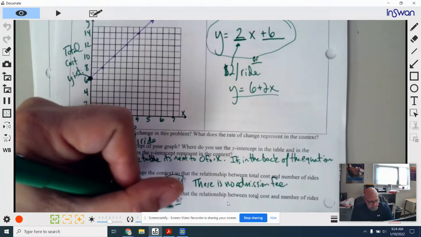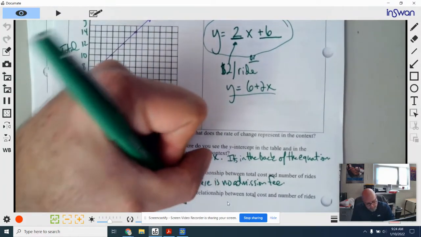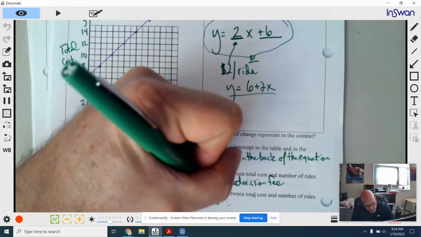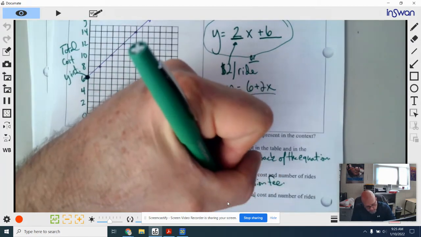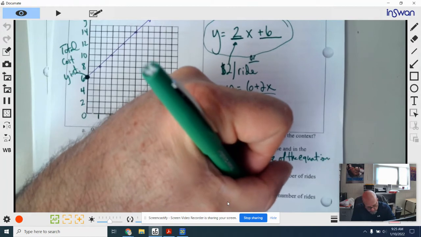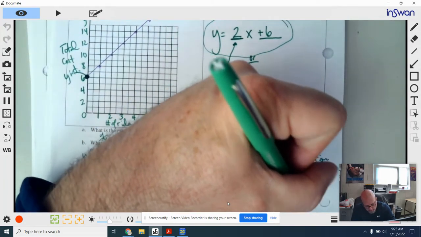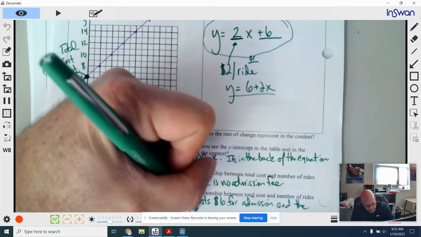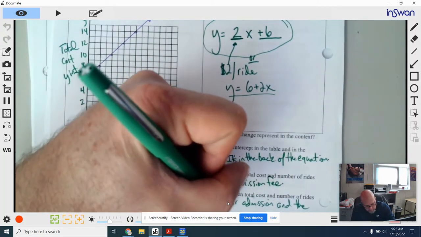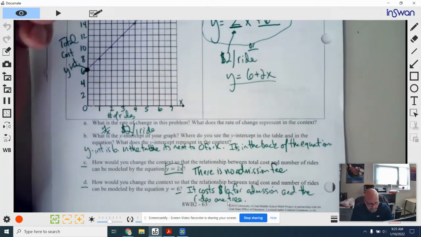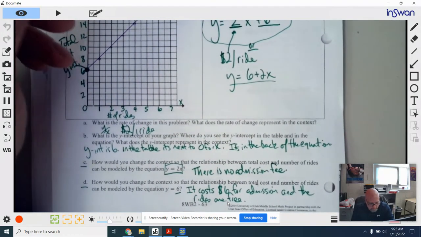So with something like this, you would say it costs $6 for admission, and the rides are free. Or maybe you paid $6 to get into the place and they gave you like a wristband, which was good for free rides.